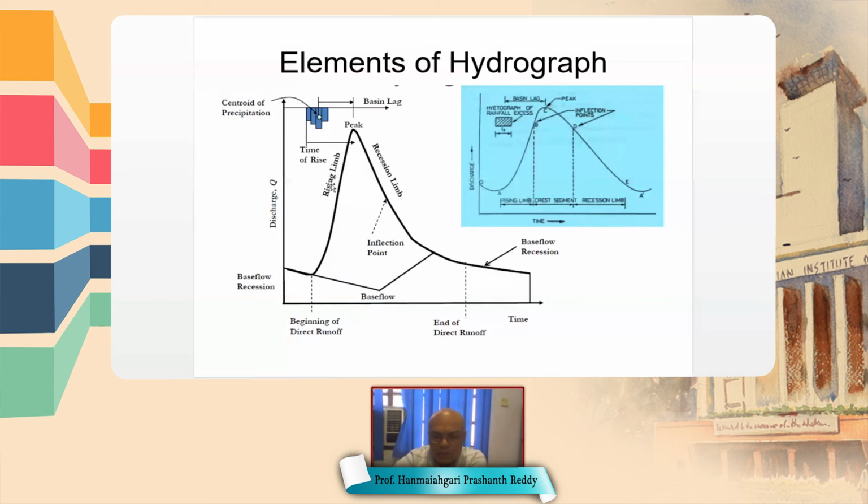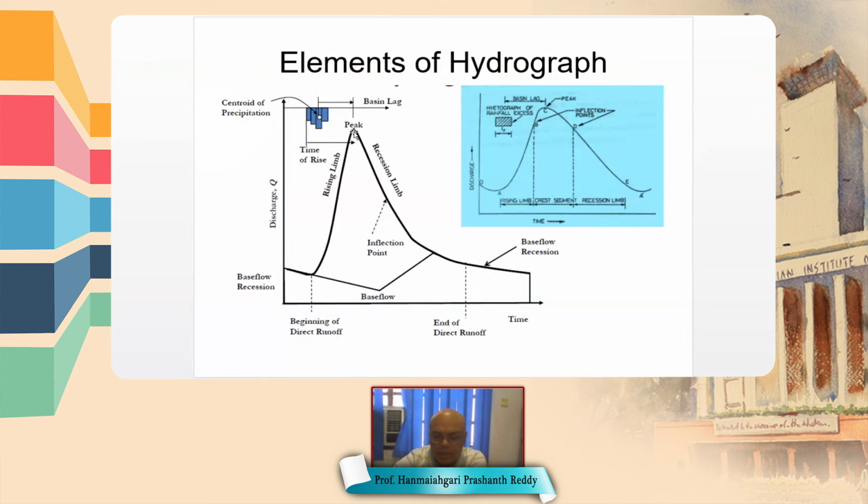Next figure shows very clearly this hydrograph. Once the rainfall starts somewhere here, the flow rate increases at the outlet, and the flow rate reaches peak.